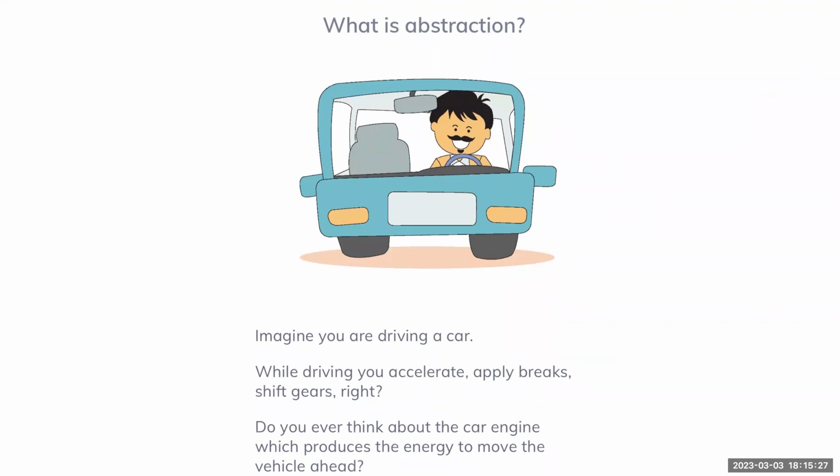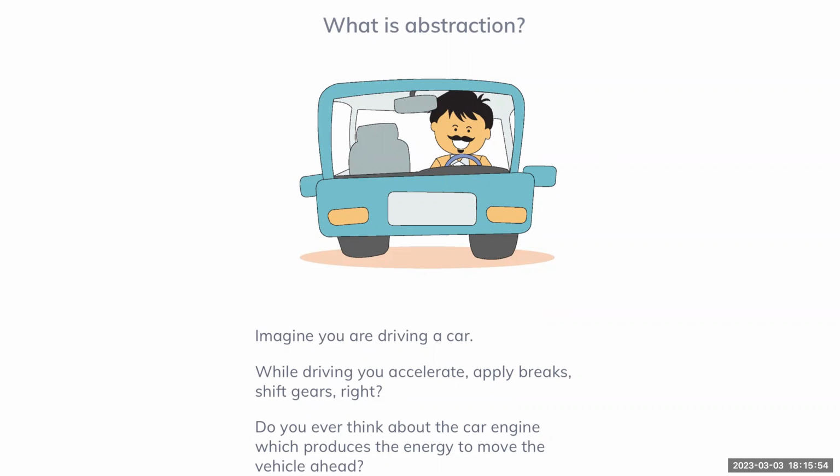When you hear abstraction, I always remember one example: driving a car. There are many things that happen behind the car, but to drive a car, we see a couple of things.